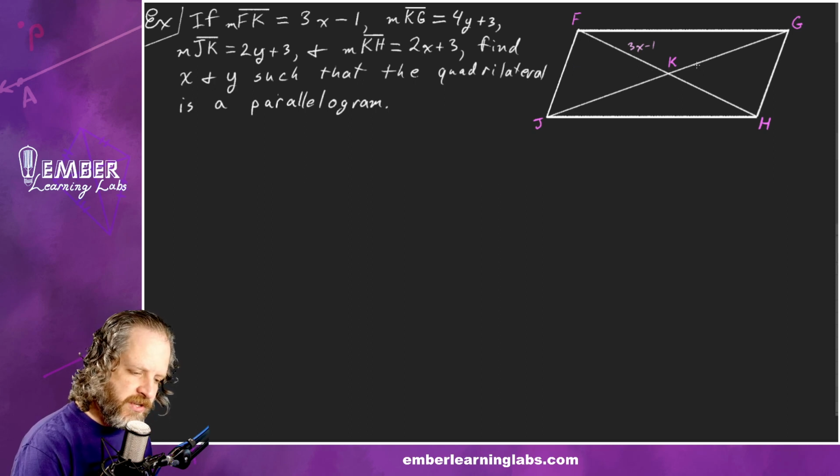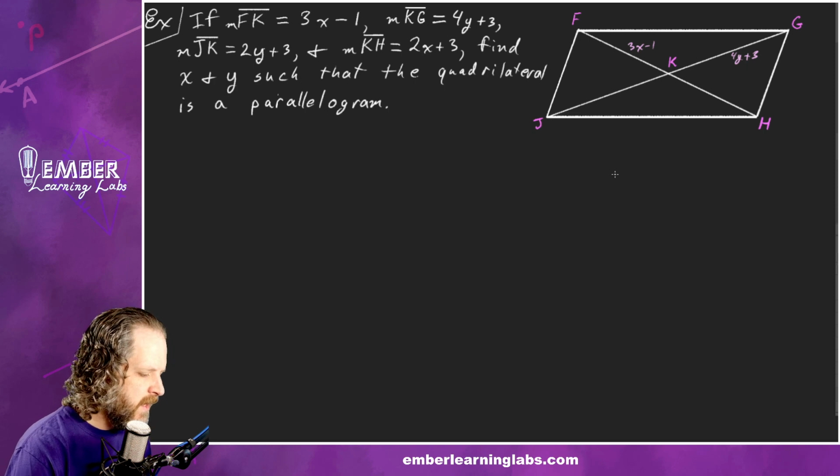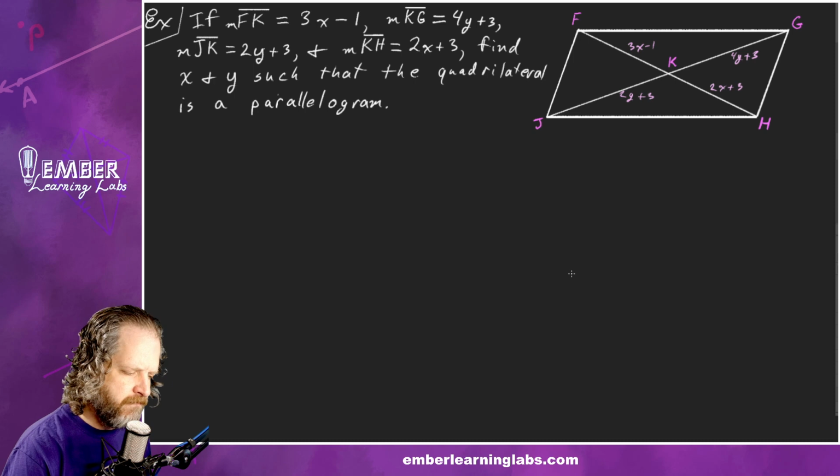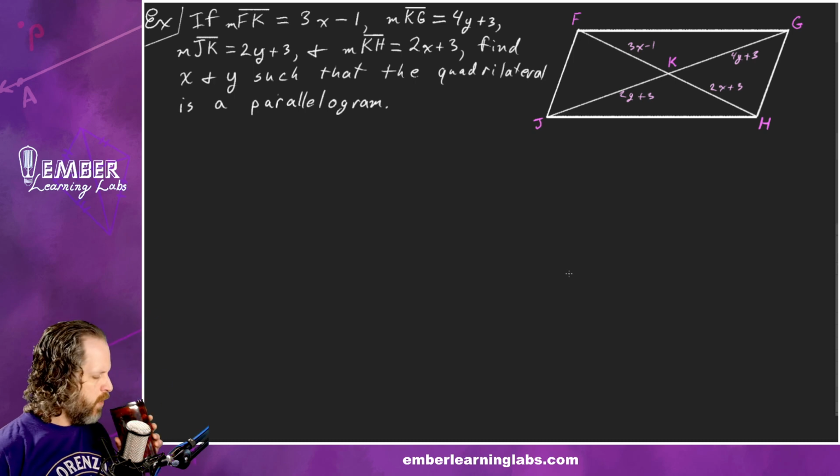KG, this one right here, is 4y plus 3. And then JK, this one right here, is 2y plus 3. And then KH is 2x plus 3. Right. Okay.